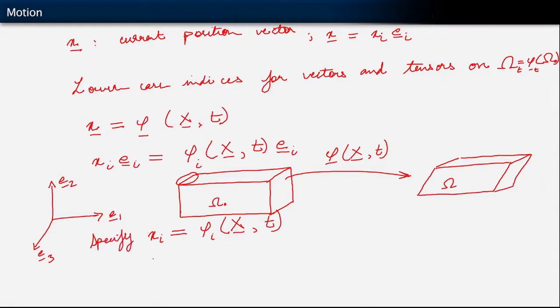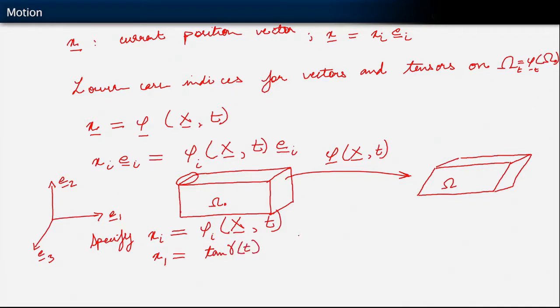We can do that by saying that x1 equals, we want to make it the tangent of some angle gamma sub t.